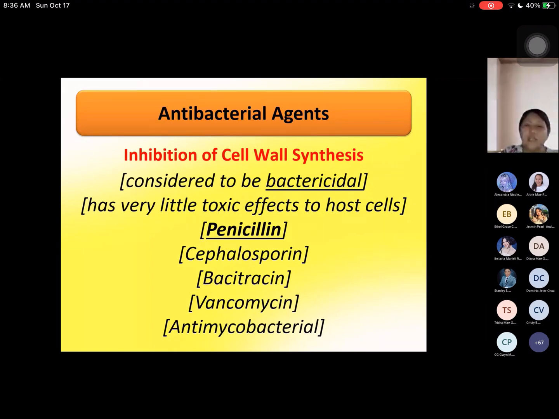Since humans and other living organisms don't have peptidoglycan, we are not affected by these antibiotics, because they only target bacteria which have peptidoglycan in their cell wall. So I hope you are following and getting my point.